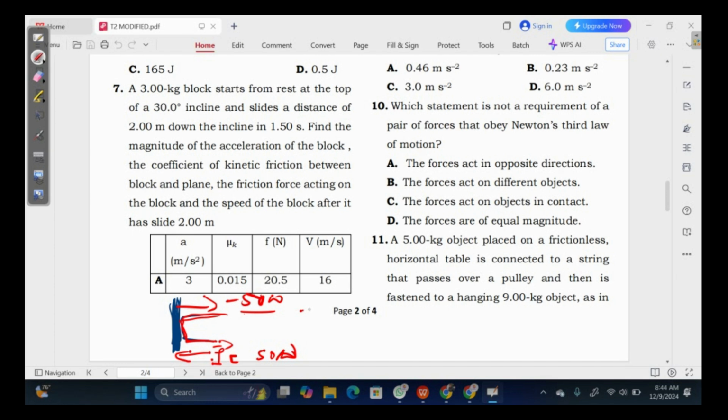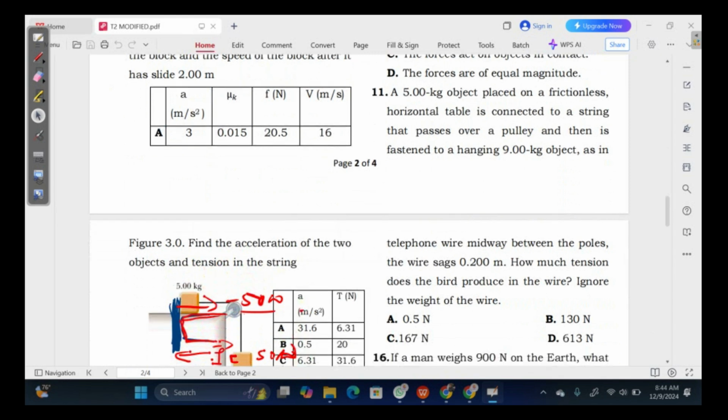Is that true? If you are not sure that is true, leave it. Let's go to D. The forces are of equal magnitude. Is that true? Yes. Since A, B, and D are correct, even if you don't understand option C, the answer here is C.